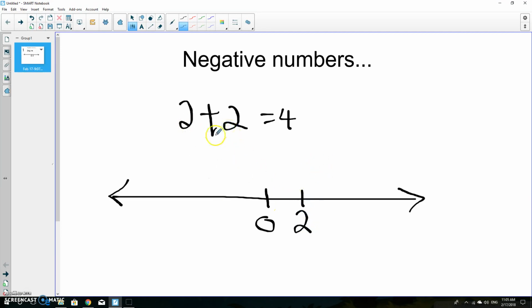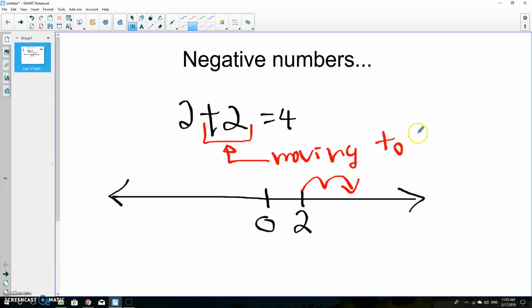All right, adding 2, this procedure called plus 2 or adding 2 means you are moving to the right 2 times. So this whole thing is moving to the right 2 times.